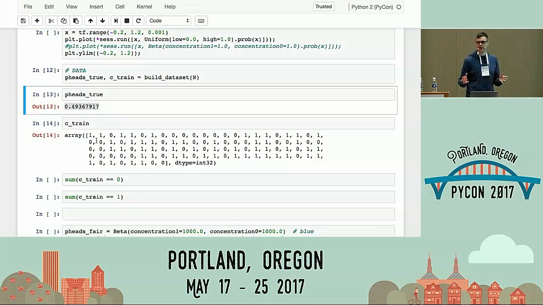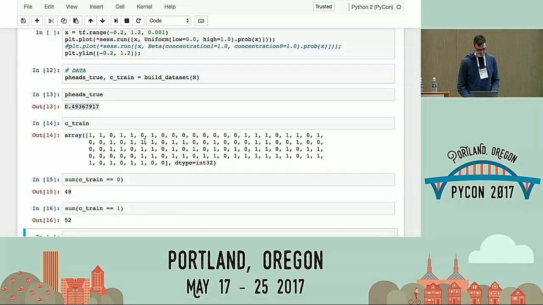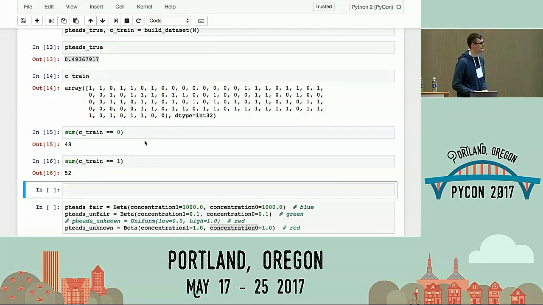So this is basically a toy data set. We didn't do it by hand, but we simulated the data set that we're going to work with. And in this case, I see 48 tails and 52 heads.